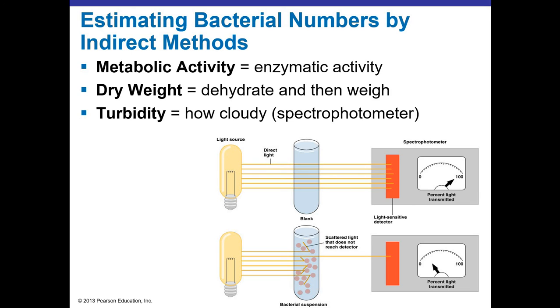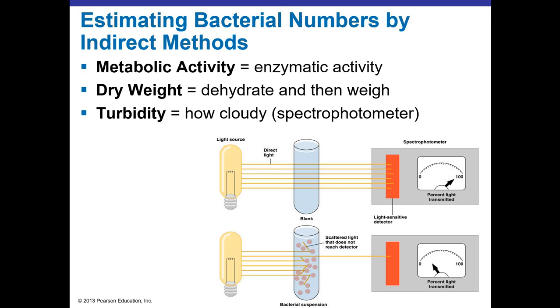So turbidity is how cloudy is that solution or that culture of bacteria based on the number of cells that are there. So you use a spectrophotometer that's going to be able to detect the light going through the suspension. If you have a light source and you have a blank tube where nothing is growing, the light's going to be able to go directly through to the light detector, and you would have 100% transmittance.